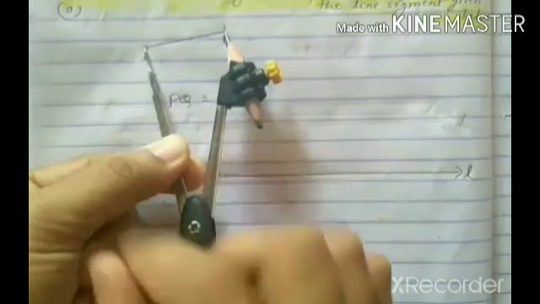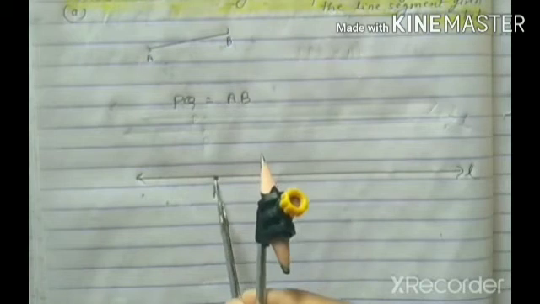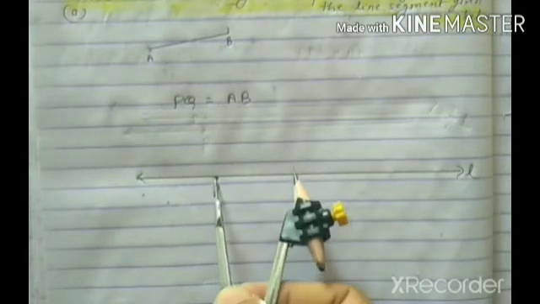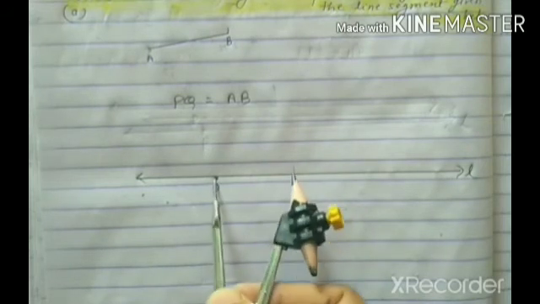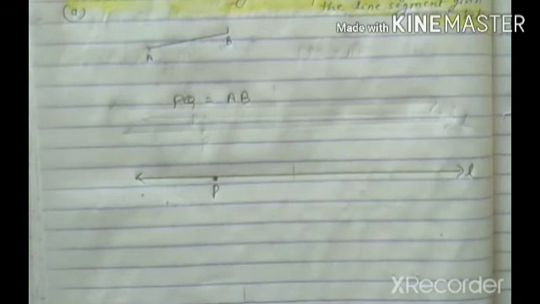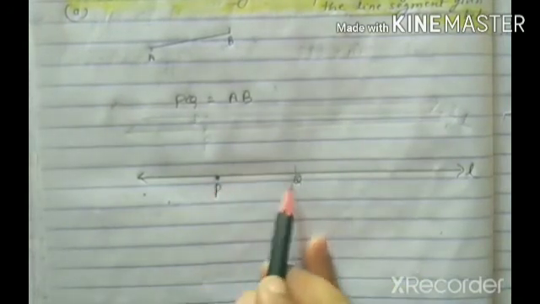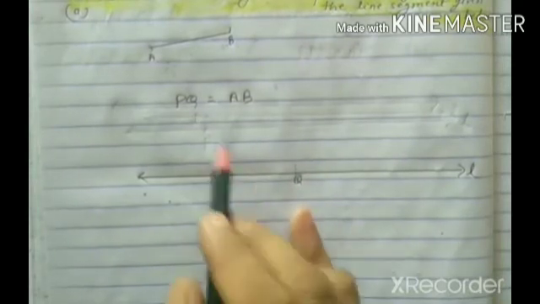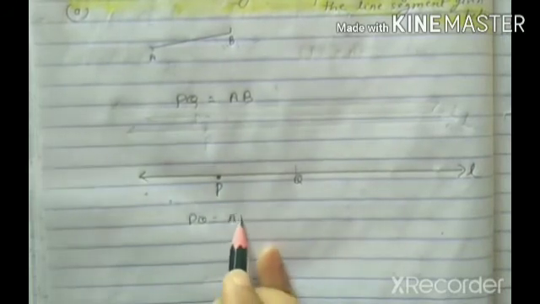Now without disturbing it, put the metal end at P and cut an arc to cut line L at Q. So PQ is the line segment which is equal to AB. So PQ is equal to AB.